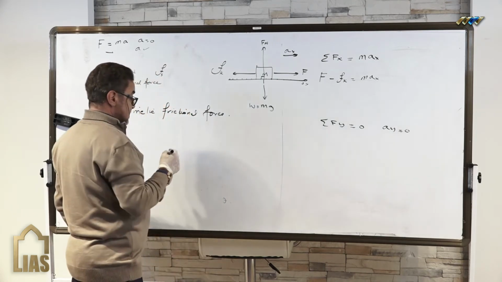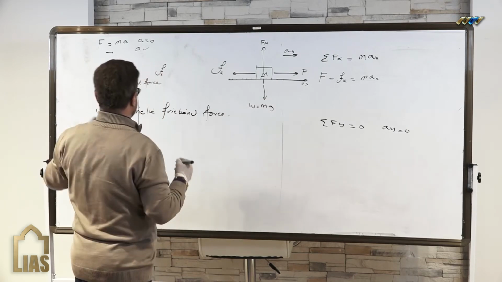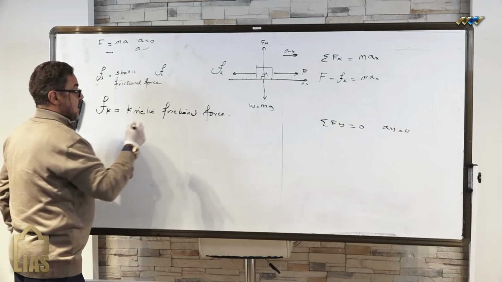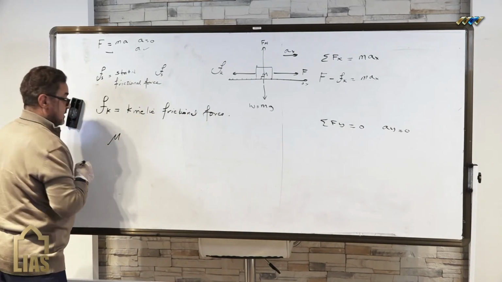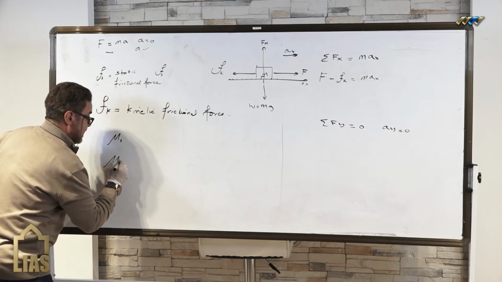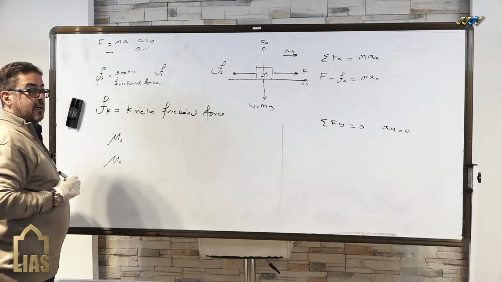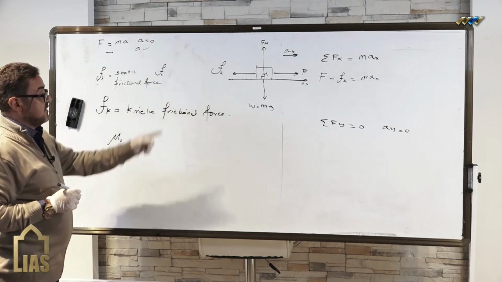Okay, the frictional force, either static or kinetic. We have that factor called mu s or mu k. Okay, this is the factor of the friction of the surface.